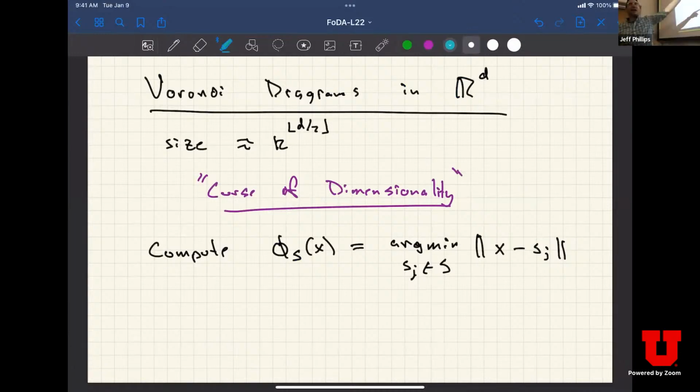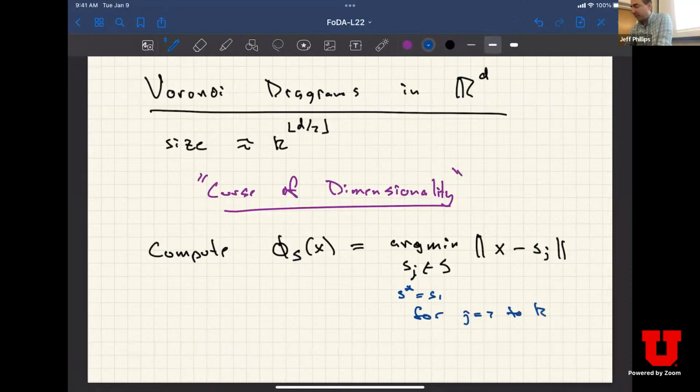Well, it's an argmin, right? So I can just say, well, set S star equals S1, and then for j equals 2 to K, if norm of X minus Sj is less than norm of X minus S star, then set S star equal to Sj.